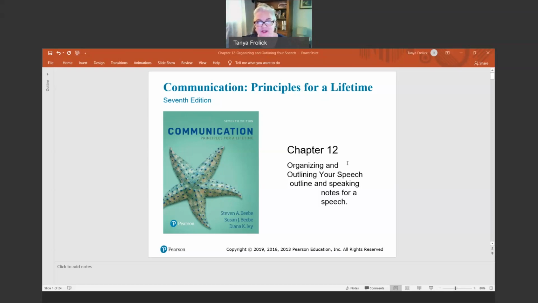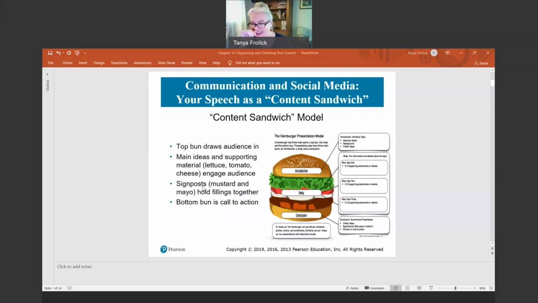Okay, so the first thing we're going to talk about, it had this in the textbook, and I thought it was funny, and I found this graph. It is kind of a sandwich, isn't it? It's a content sandwich. You've got your top bun for drawing the audience in. You've got the main ideas and supporting material, which is the meat.